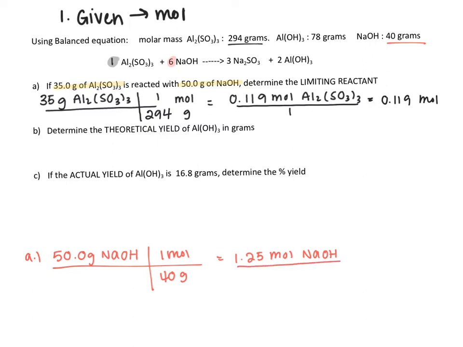So I'm going to divide that here. So I'll take 1.25 divided by 6. You get 0.208 moles. Now that I have that, to determine my limiting reactant, I'm going to circle the smallest number from this ratio. So your first step is you want to make sure your given goes to moles, and then you're going to use your coefficients.